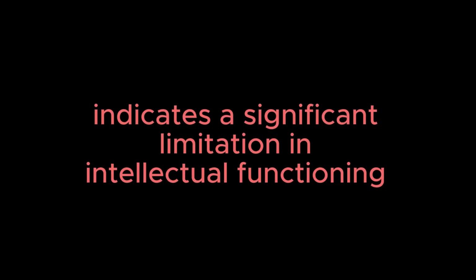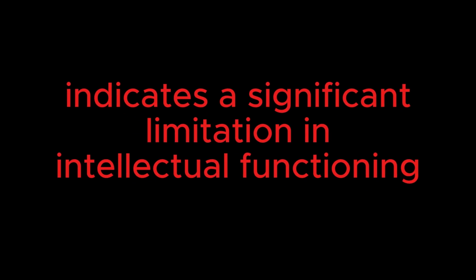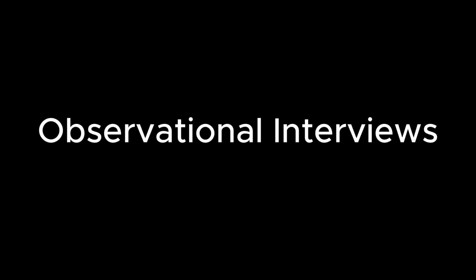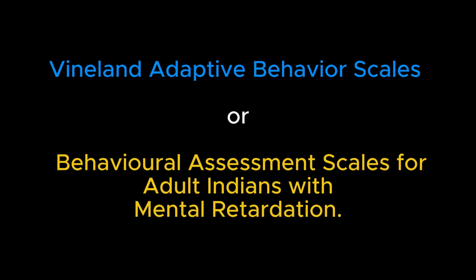An IQ score below 70, typically 2 standard deviations below the mean, indicates a significant limitation in intellectual functioning. Simultaneously, adaptive behavior is evaluated using clinical rating scales and observational interviews, most notably the Vineland Adaptive Behavior Scales or the Behavioral Assessment Scales for Indian Adults with Mental Retardation.